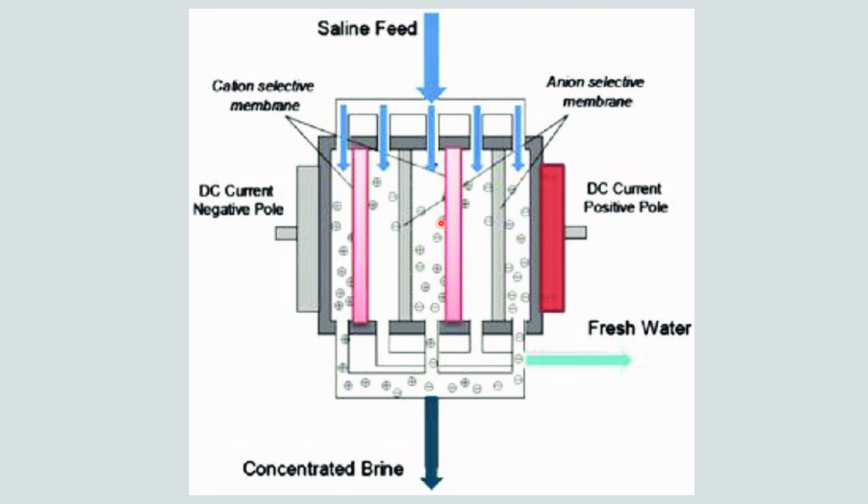In the outer concentration compartments, we see the electrode setup between which a certain potential difference is applied. Under the effect of the electric field, ions pass through the membranes so that the concentration of ionic contaminants in the central compartment decreases.